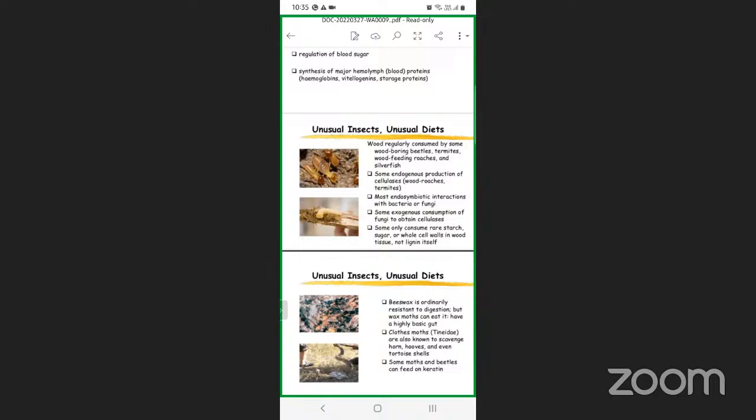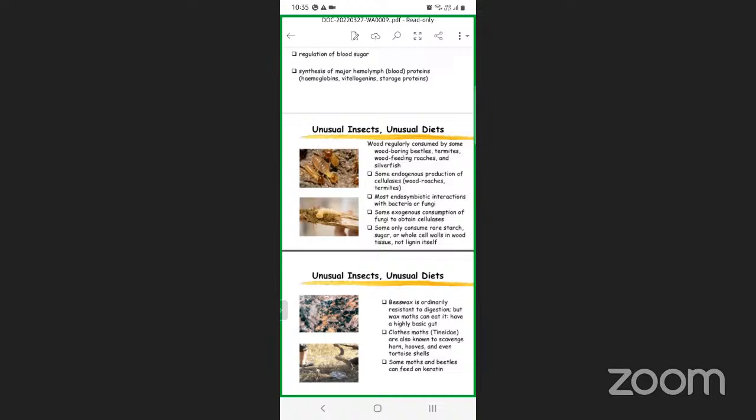Microphagous. Microphagous means the feed is microorganisms. Several insects are dependent upon microorganisms closely associated with the decaying organic material.